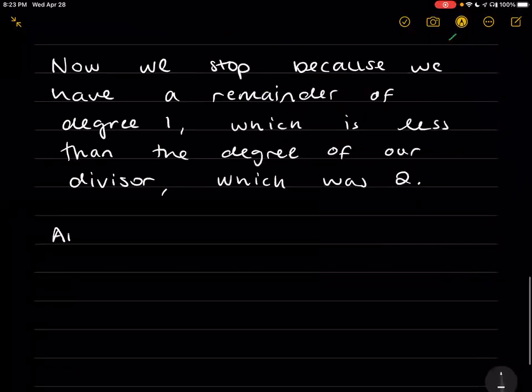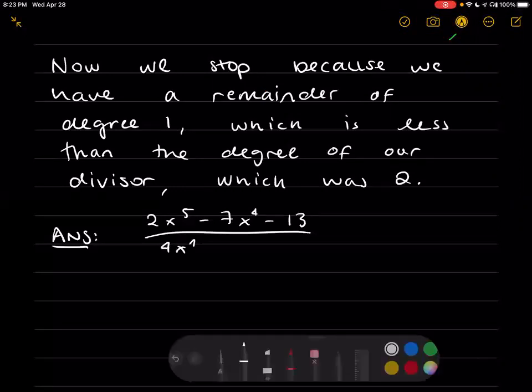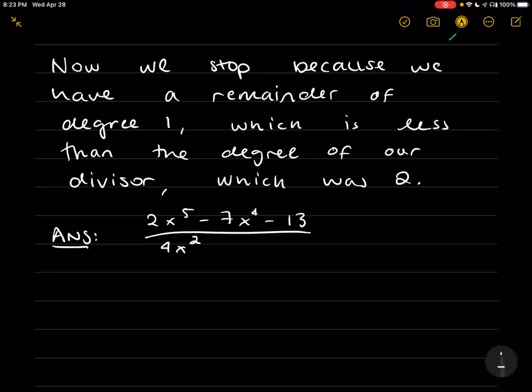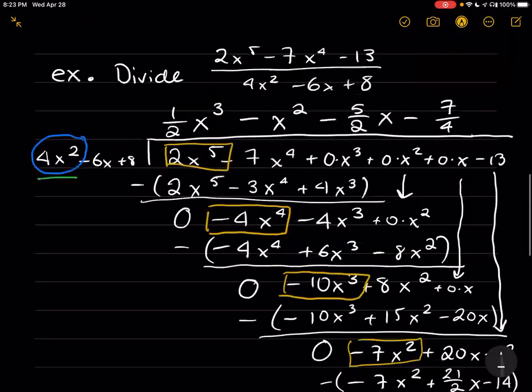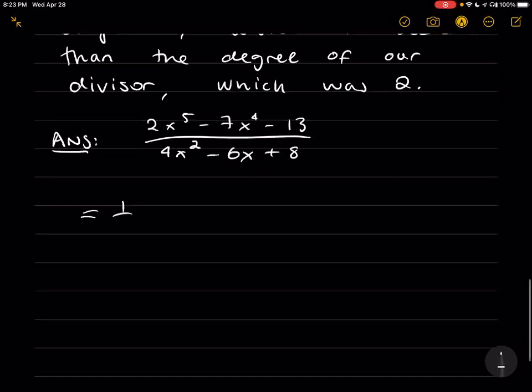And so our final answer for this problem is 2x to the 5th minus 7x to the 4th minus 13 all over 4x squared minus 6x plus 8. And we can write down what we had up top here that we found. That will be our quotient. So 1/2 x to the 3rd minus x squared minus 5/2 x minus 7/4.